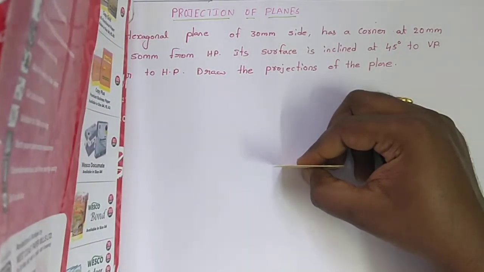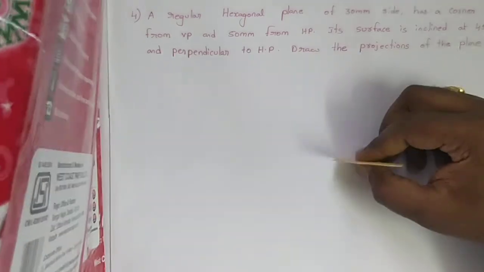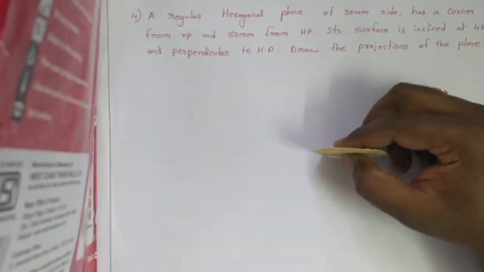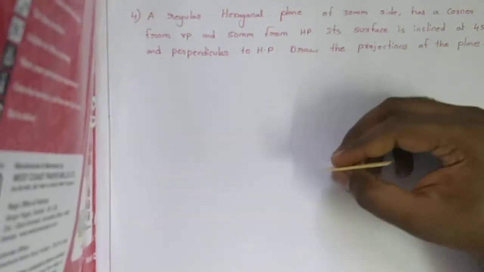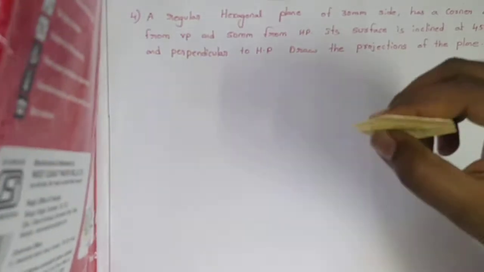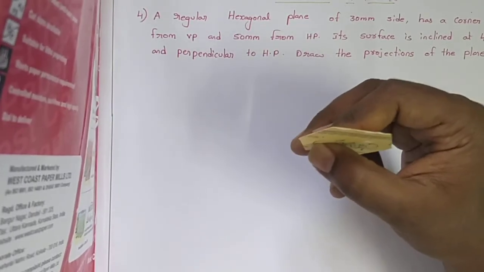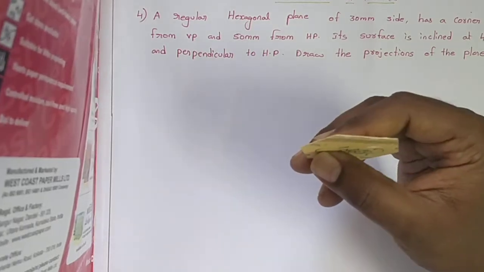Now we need to consider the vertical plane. One of the points on this plane is 20 mm from VP and 50 mm from HP. The distance from the vertical plane to this point is 20 mm and from HP to this point is 50 mm.